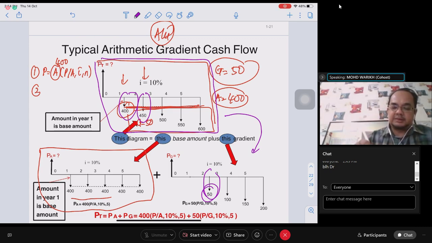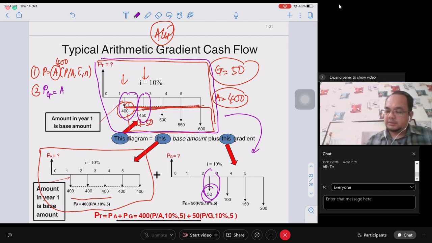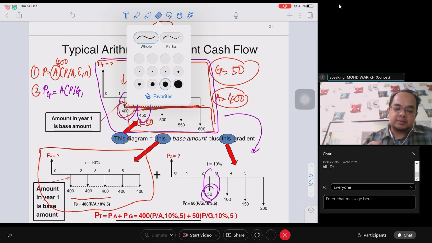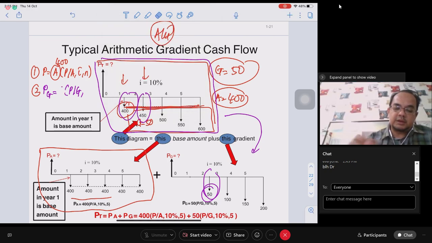You have to find, it's still the same, P, sorry, it's not A. It's G. Gradient, P over G, I, N.